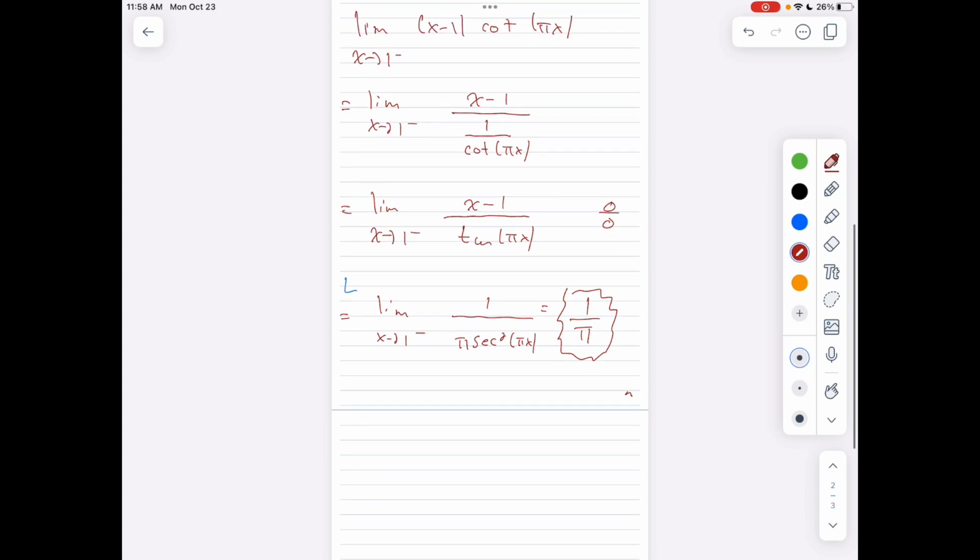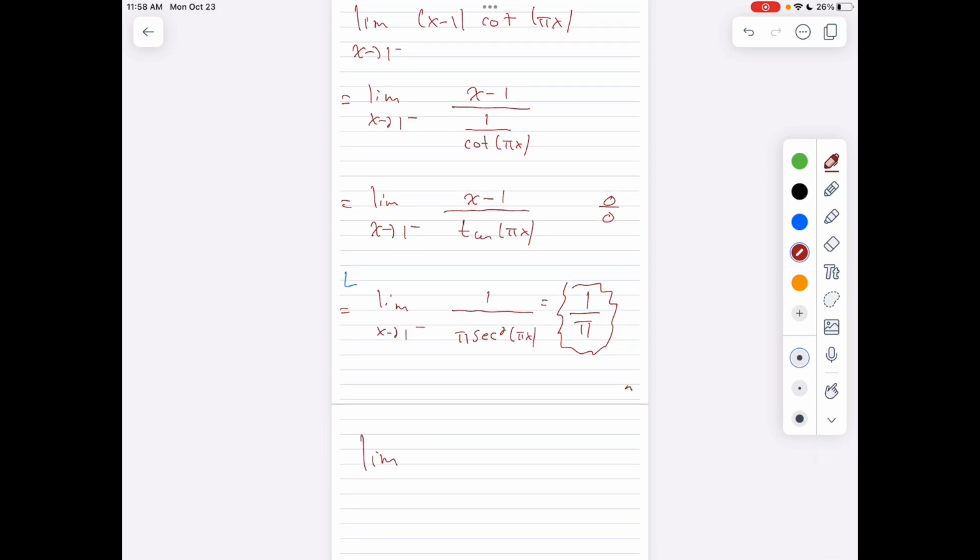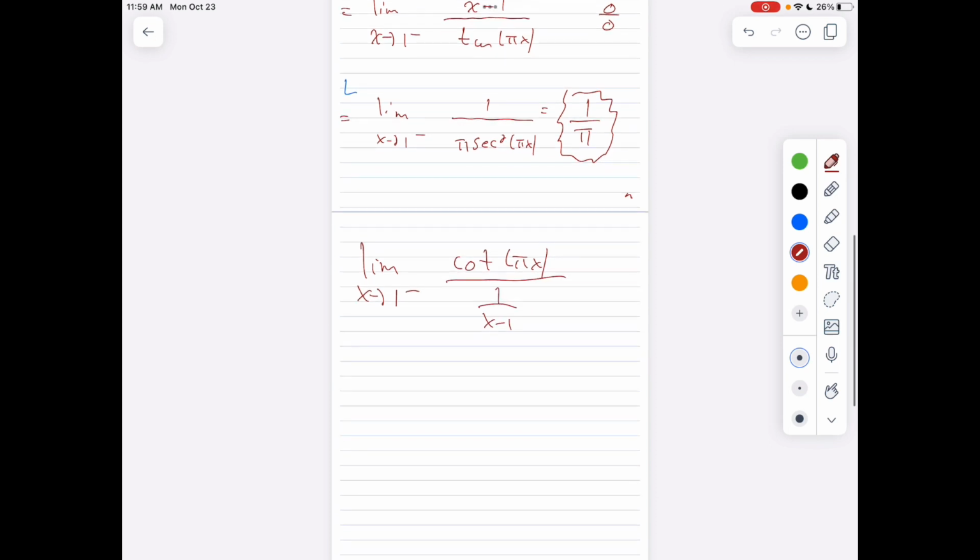Now, going back to what I said earlier, why did I pick this instead of rewriting this as maybe having the cotangent on the top and the 1 over x minus 1 on the bottom? Now, this can certainly work as well, but I often notice that this one method works out pretty nicely, and the other one doesn't work out as nicely when it comes to finding the derivative and getting the result, and simplifying a lot of the cases.